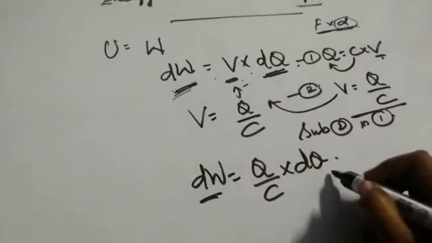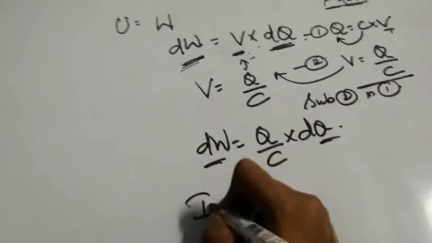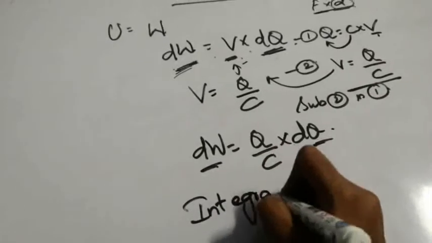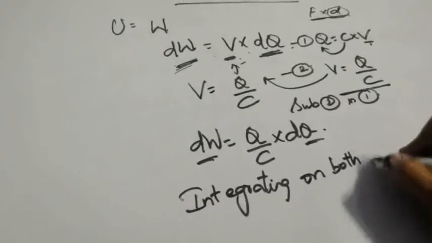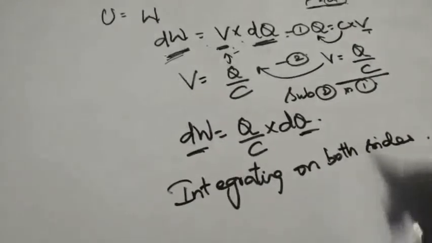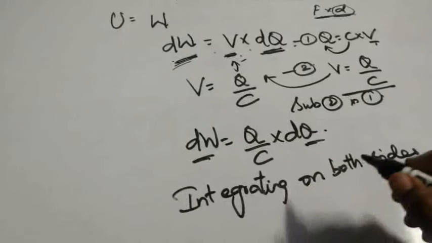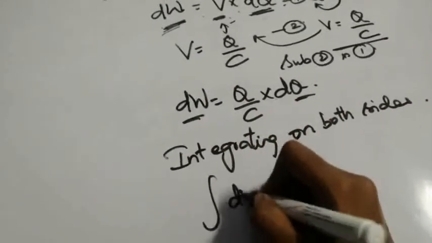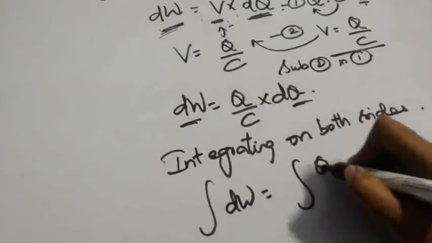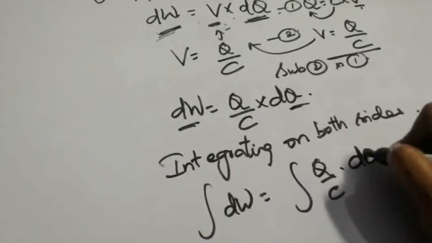As you have the differentiable value on both sides, you have to go for integrating on both sides. When you integrate on both sides, the equation becomes integral dW is equal to integral Q by C into dQ.